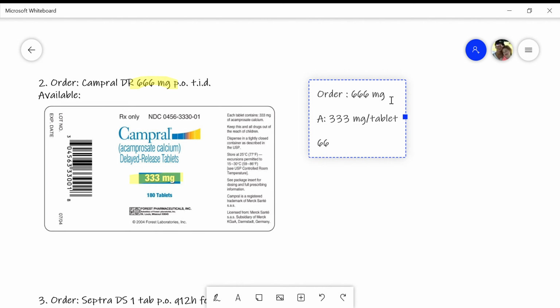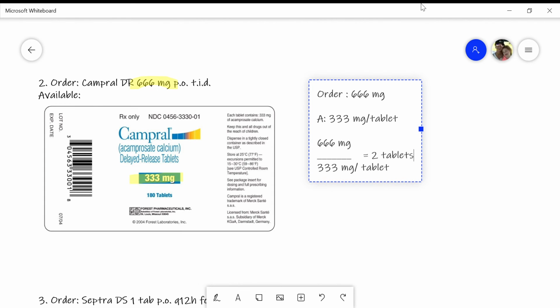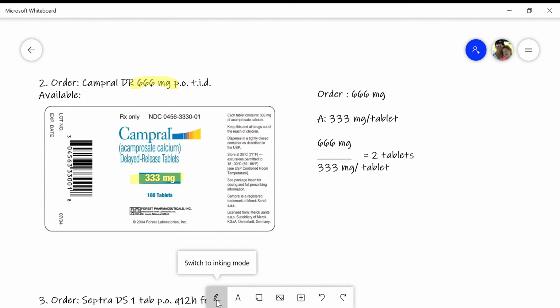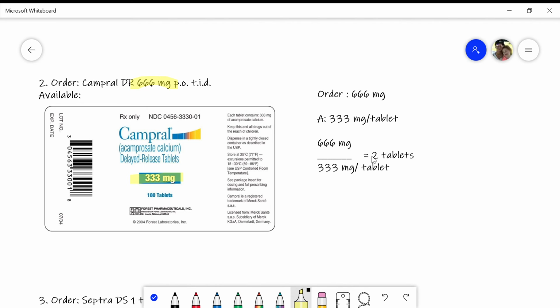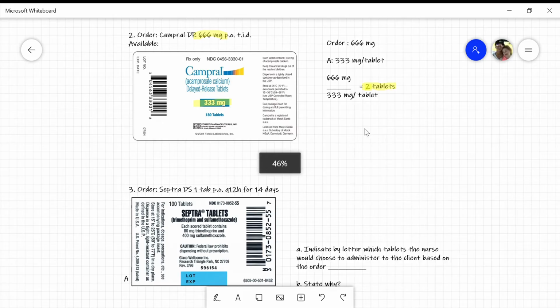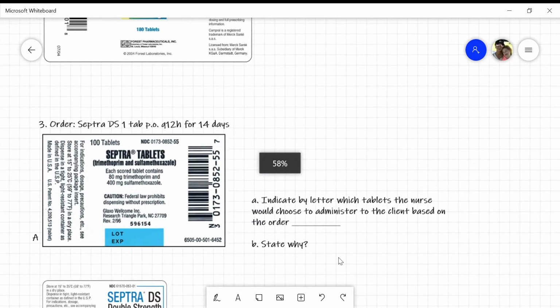So if we want 666 milligrams, and we divide that by the 333 milligrams a tablet, that's going to give us 2 tablets. And just stop me if there's any point where... all right.